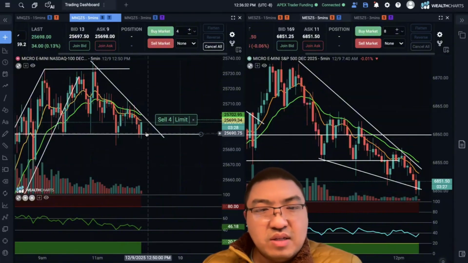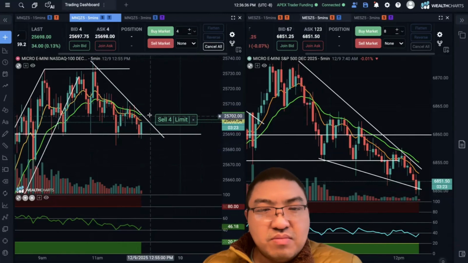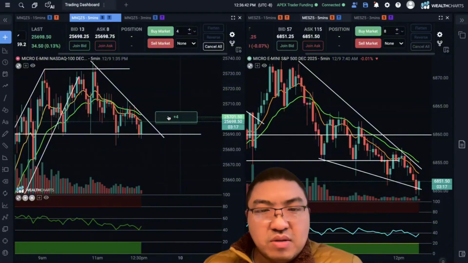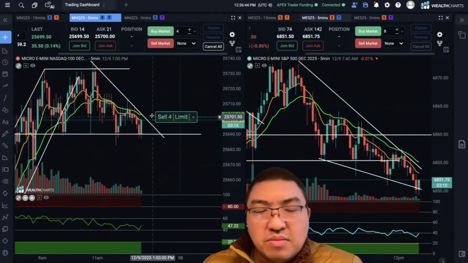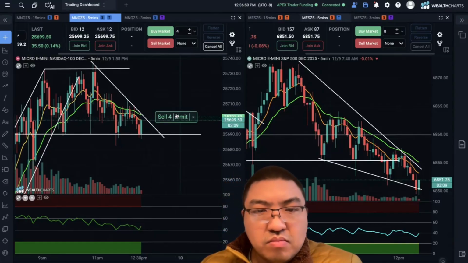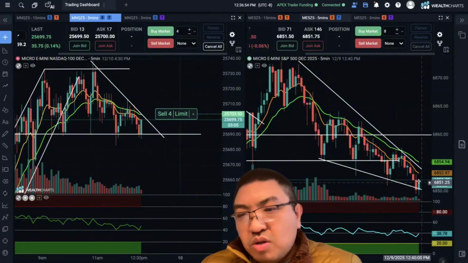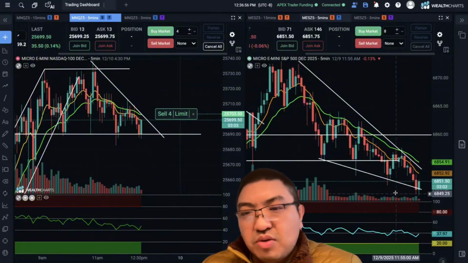It looks like the defense is strong. Like somewhere around here. Yeah, this way. Oh, you're gonna retest to the upper bound of this range for ES.